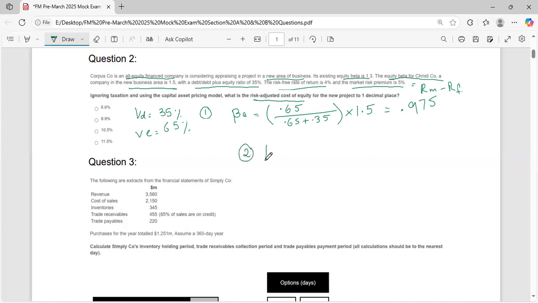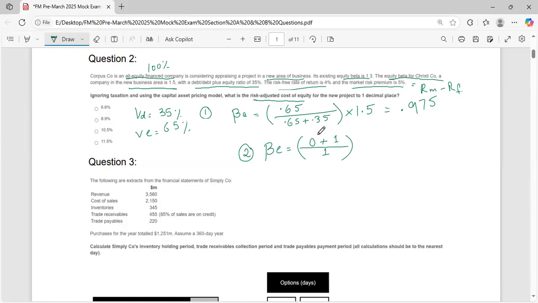Step number 2, beta equity. Now what is the proportion of debt? Proportion of debt is of our company. And we also need the proportion of equity. This company is 100% equity finance, so the proportion of debt is 0 plus equity finance is 100% or 1, divided by the equity, it is 1. Why did I put all these figures? Because you will not always get the same 100% equity finance. So this is the formula.